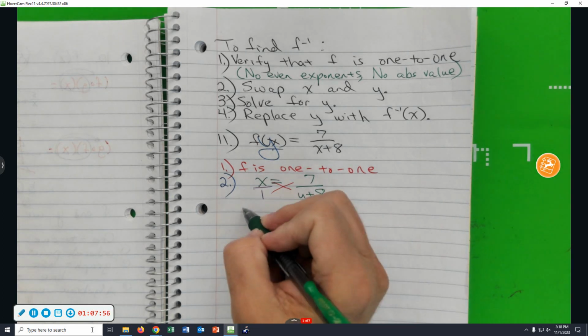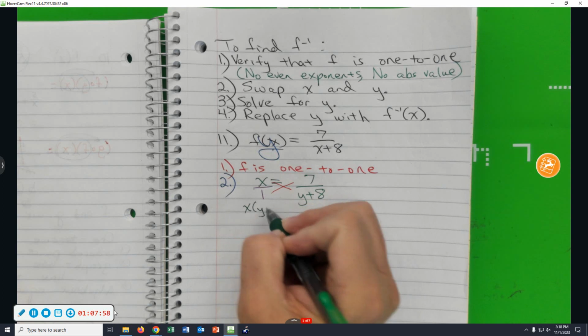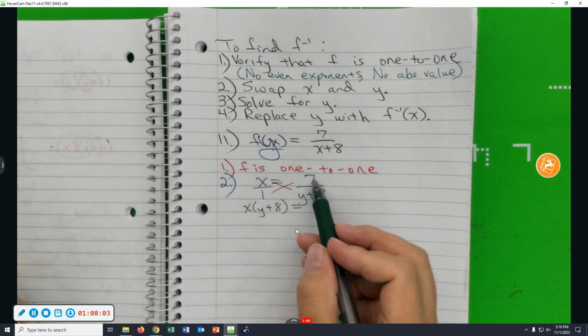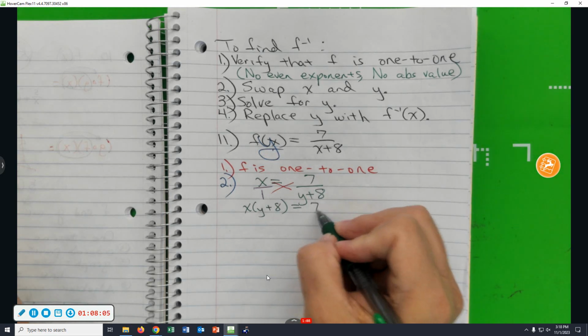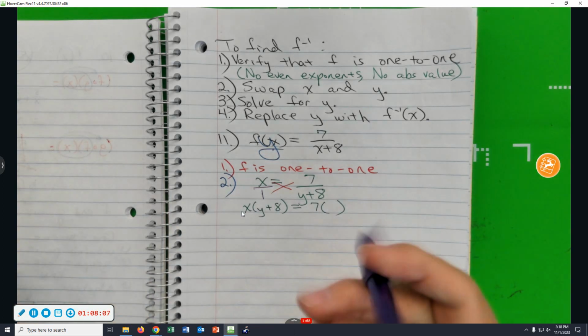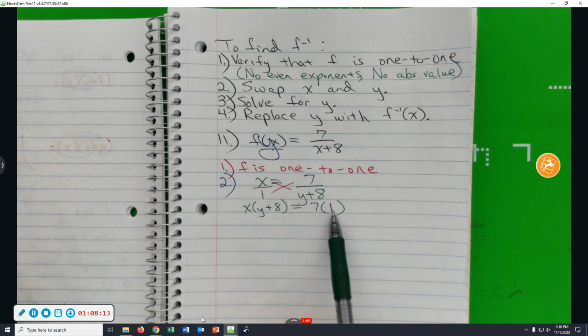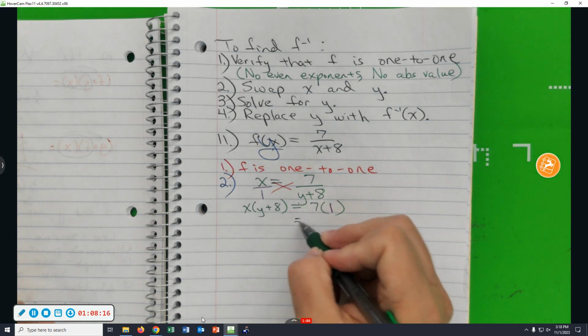And I'll write it out. x times y plus 8 is equal to 7 times 1. Since y'all are being so quiet, I'm afraid I'm losing you, so I'm going to show that multiplication. And 7 times 1, we know that that's a 7.